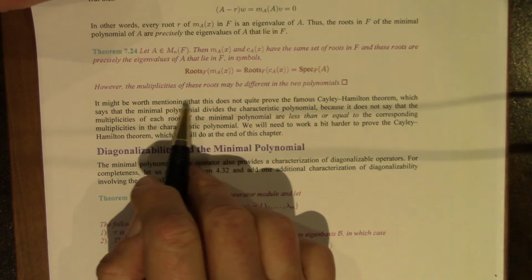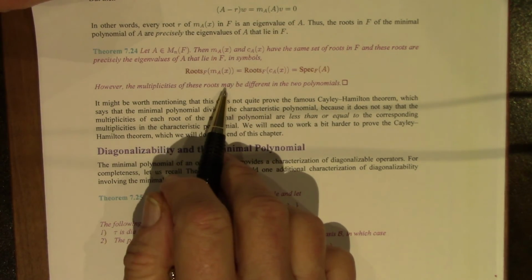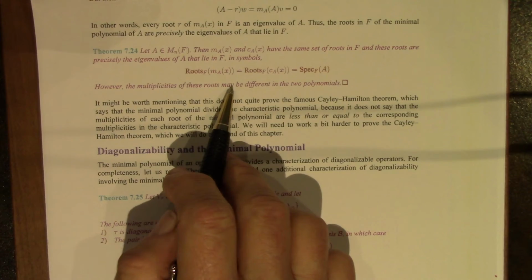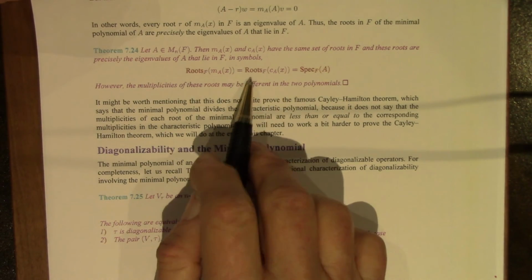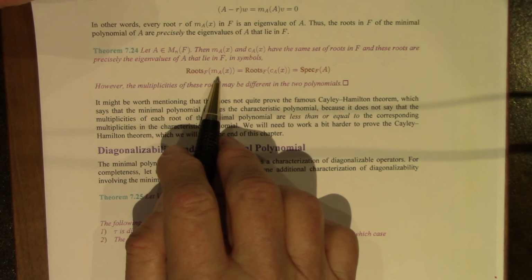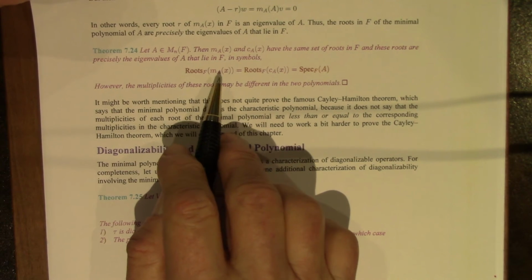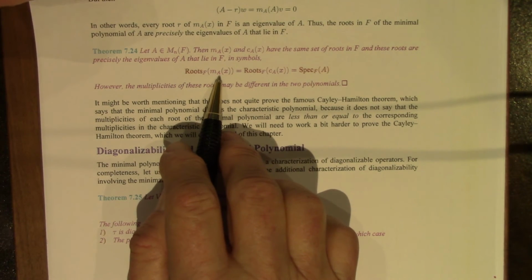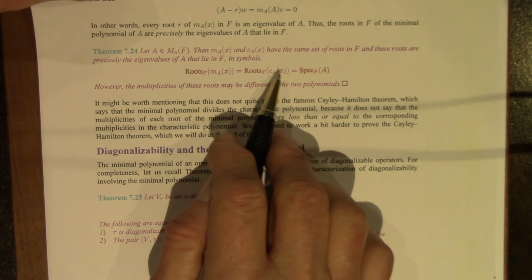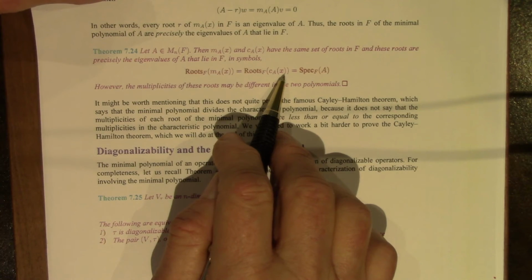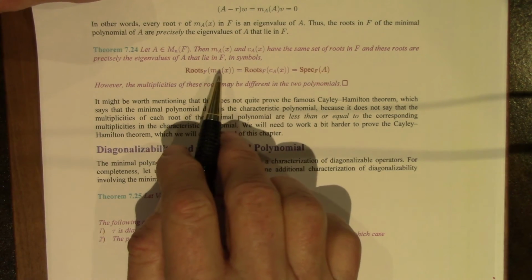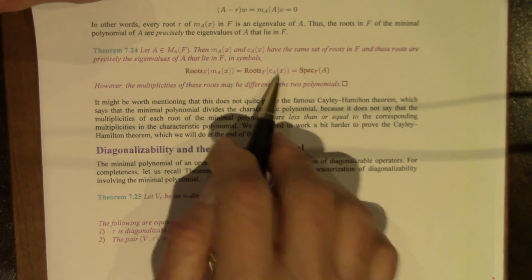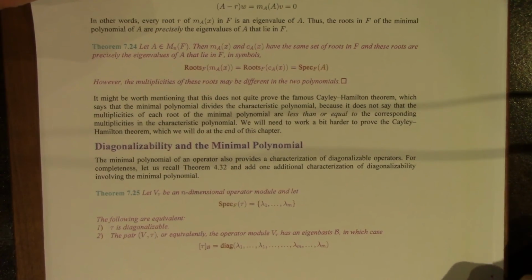I suppose it might be worth mentioning that this does not quite prove the Cayley-Hamilton theorem. It tells us the root sets are the same, but it doesn't tell us that the multiplicities of the roots with respect to the minimal polynomial are always less than or equal to those with respect to the characteristic polynomial, which is what we would have to have in order to say that the minimal polynomial divides the characteristic polynomial.